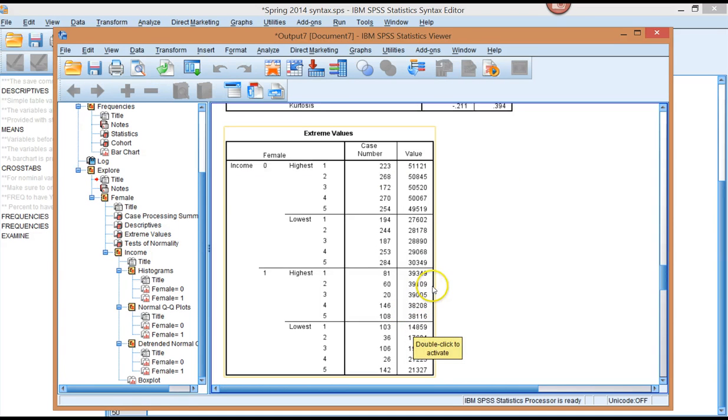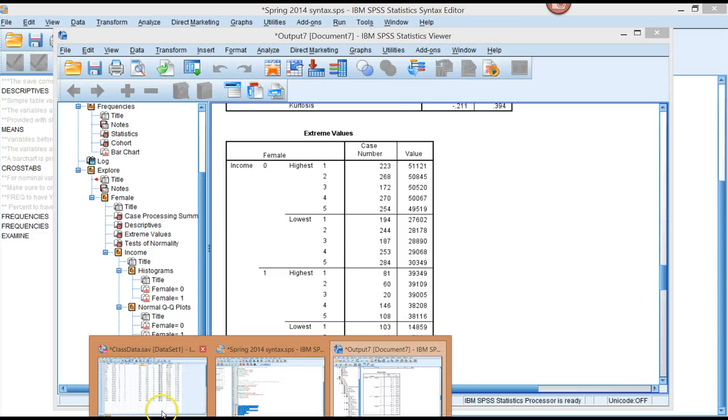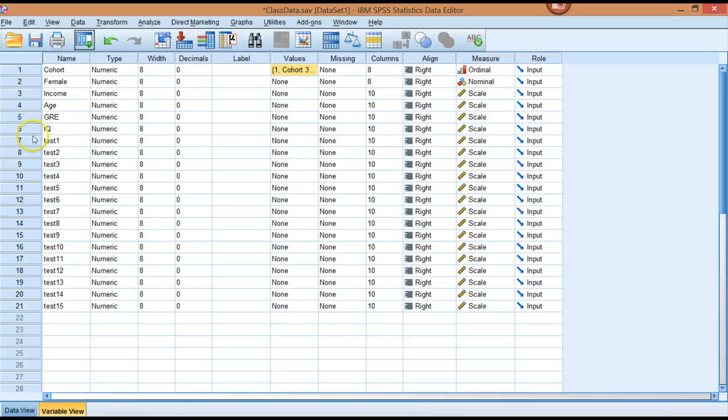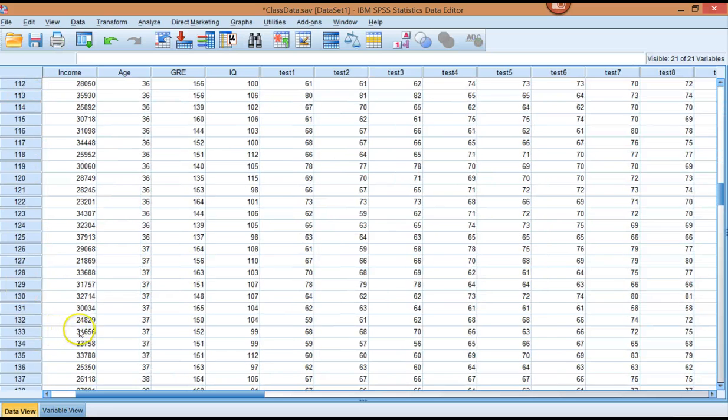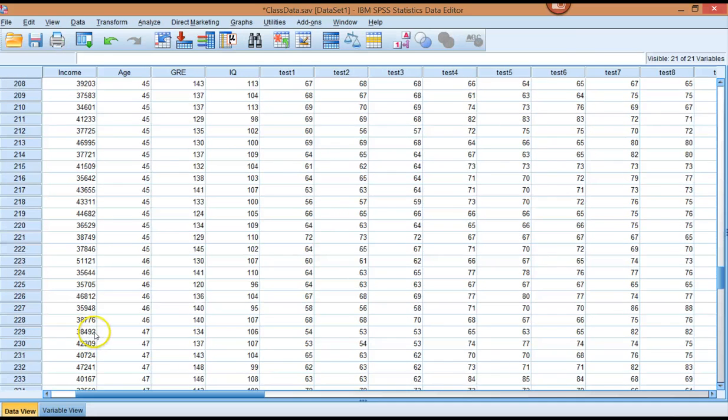And then you also get, because you asked for the outliers, the most extreme cases, and you get the highest 5 and the lowest 5, and it tells you what case number. So you could go back and look at your cases. You could look at your data set if you were interested in finding out what was going on there, and you could go to income, and you could go to case 223, I believe that was.